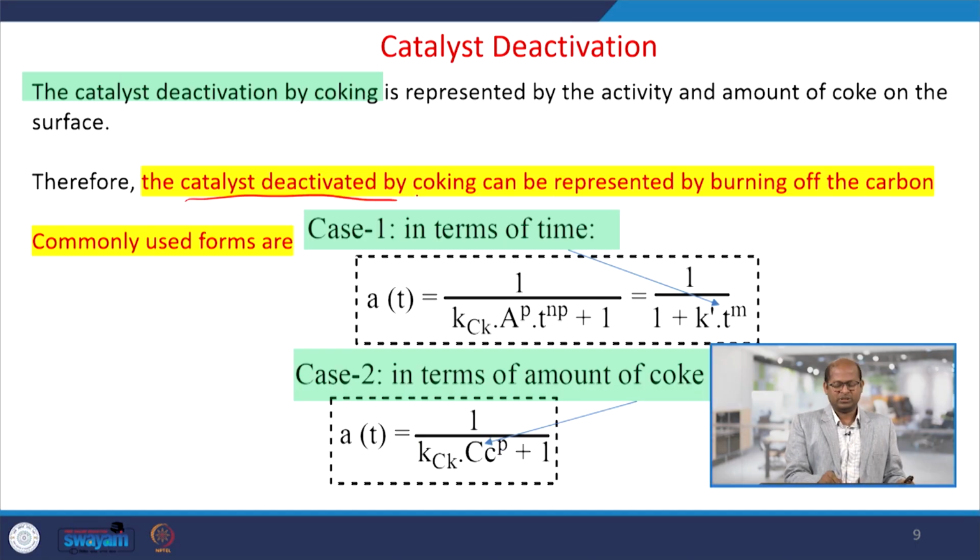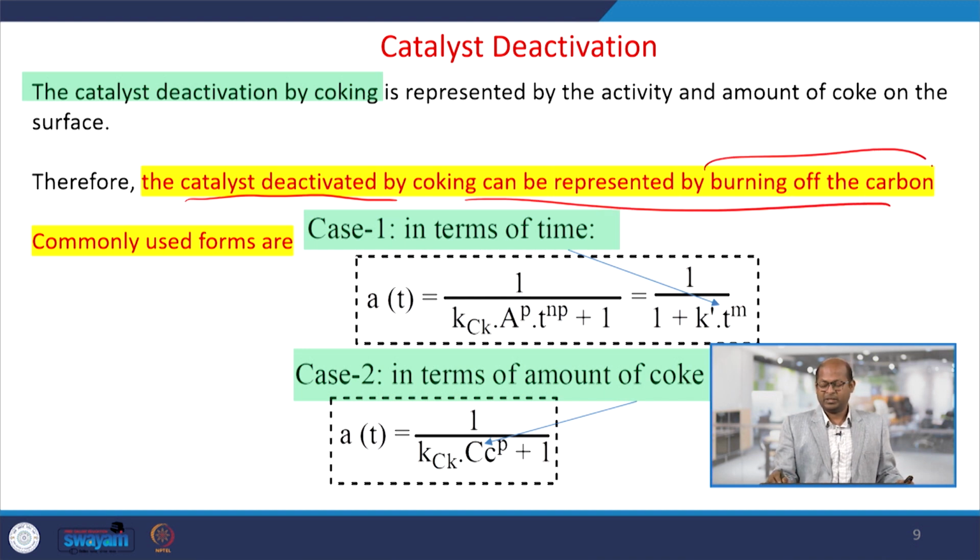If we want to remove the coke, then we have to decide how long oxygen or other gases must be passed over the catalyst surface. So, catalyst deactivation we can express in terms of burning of coke or carbon deposited over the catalyst surface. So, that is case 1.